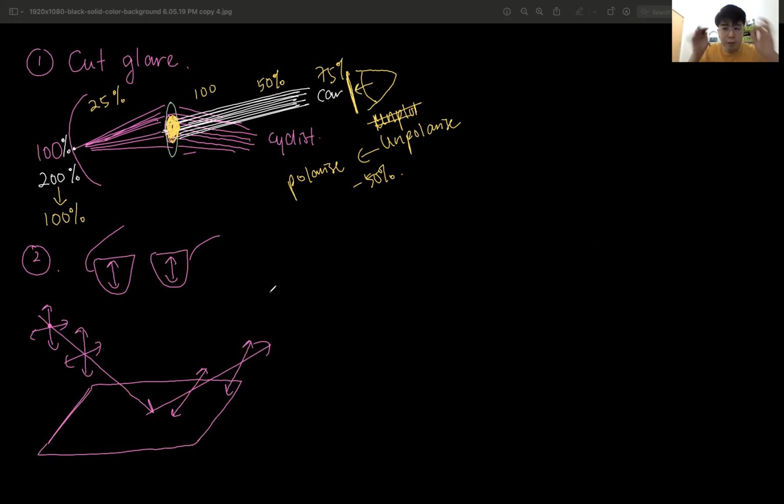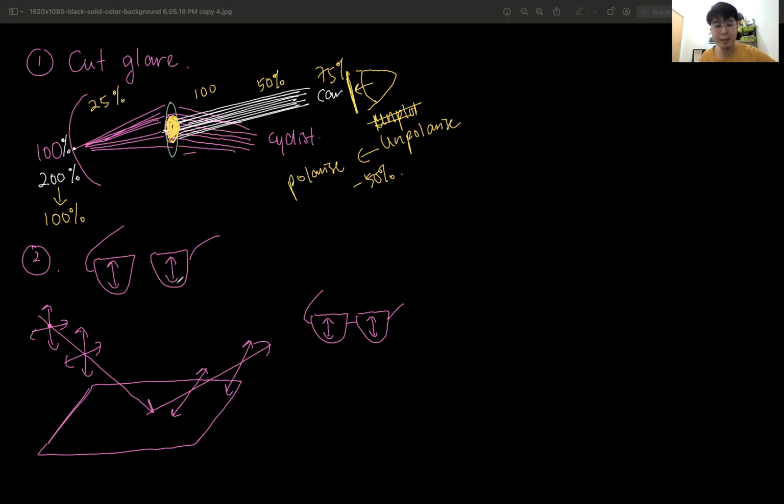So if you're driving, you put on the sunglasses, and your sunglasses are like this. Vertical pass. We call this vertical pass because you only allow the vertical to pass through. With a lens that has a vertical pass, the horizontal cannot pass through. So that means you cannot see the reflection of the ground.